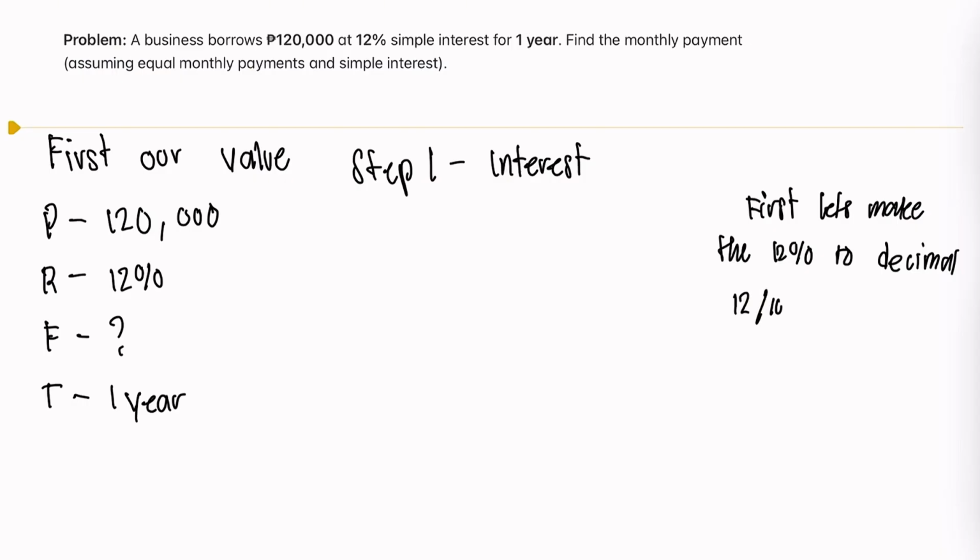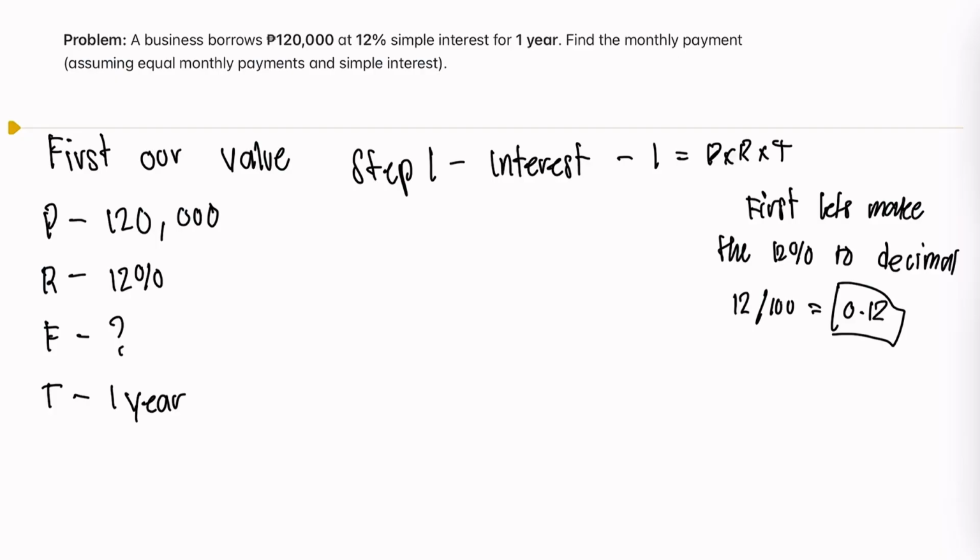Twelve percent divided by 100 is equal to 0.12. So we have our decimal now. Now let's start solving for our interest using the formula I is equal to P times R times T. So we have our formula now.